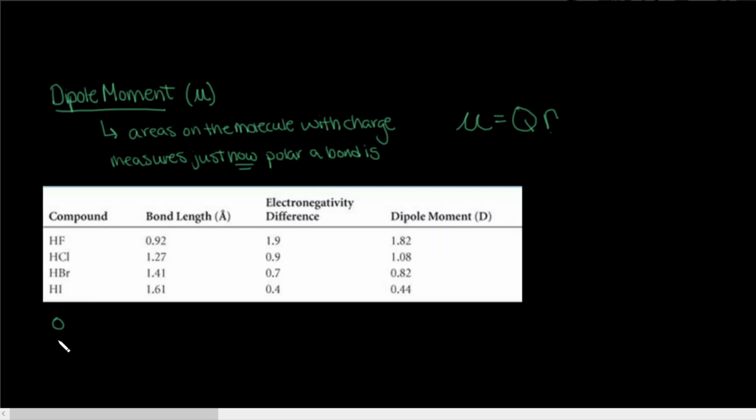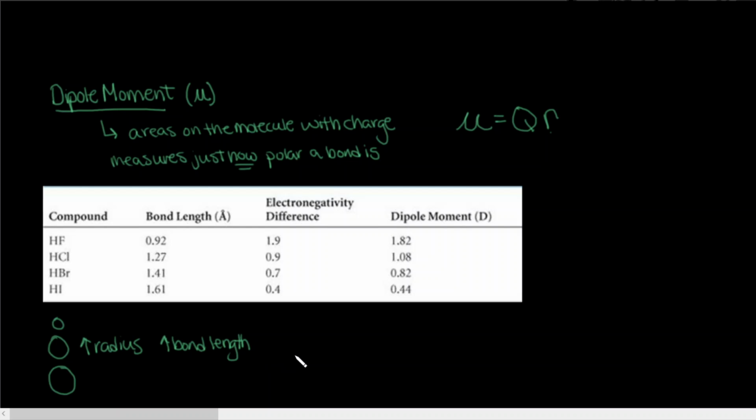We know that. When you go down a group, radius increases. So if you're getting this increase in radius of the atoms, do you see how you're going to get an increase in your bond length? The atoms are getting farther apart from one another.